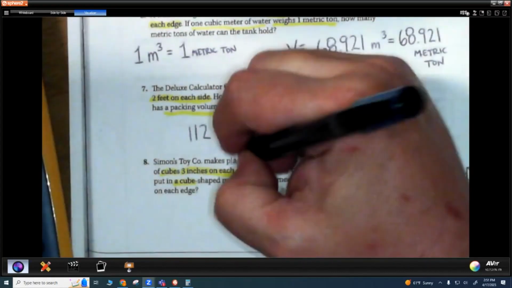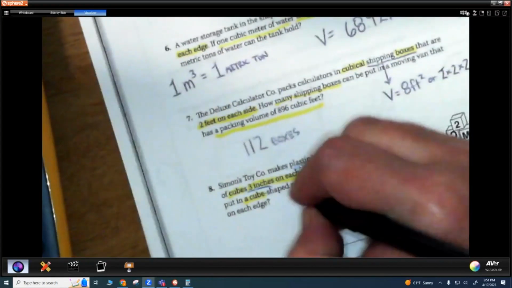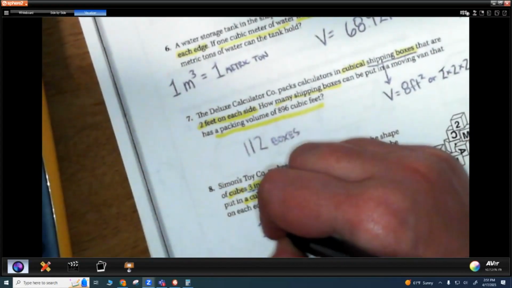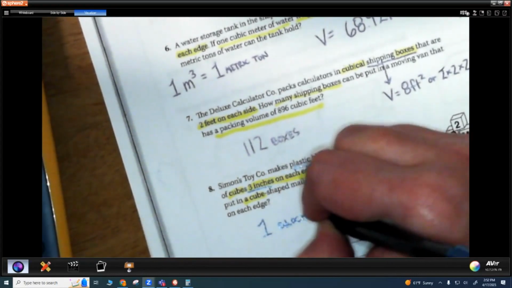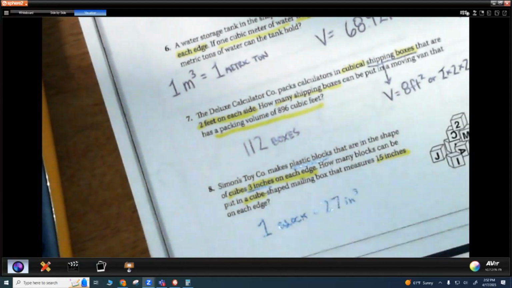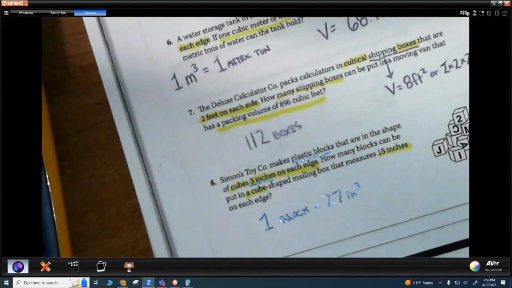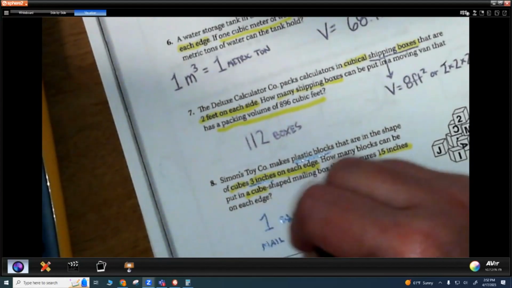So we know that the volume of 1 block is 27 cubic inches. And then we know the mailing box, what is the volume of the mailing box?